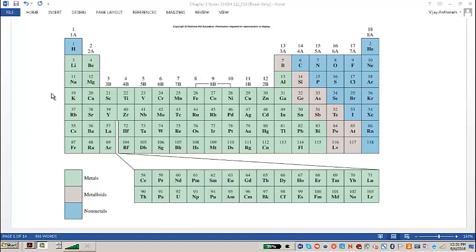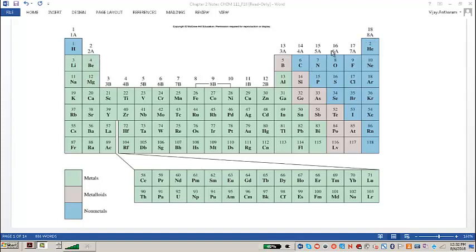Another aspect I'd like to mention to you are charges. When these elements form ions, right now all you see here are neutral elements. But if they're going to form charged particles or ions, group 1, group 1A, otherwise known as the alkaline metals, are going to be +1. Group 2 or group 2A, also known as the alkaline earth metals, are going to be +2.